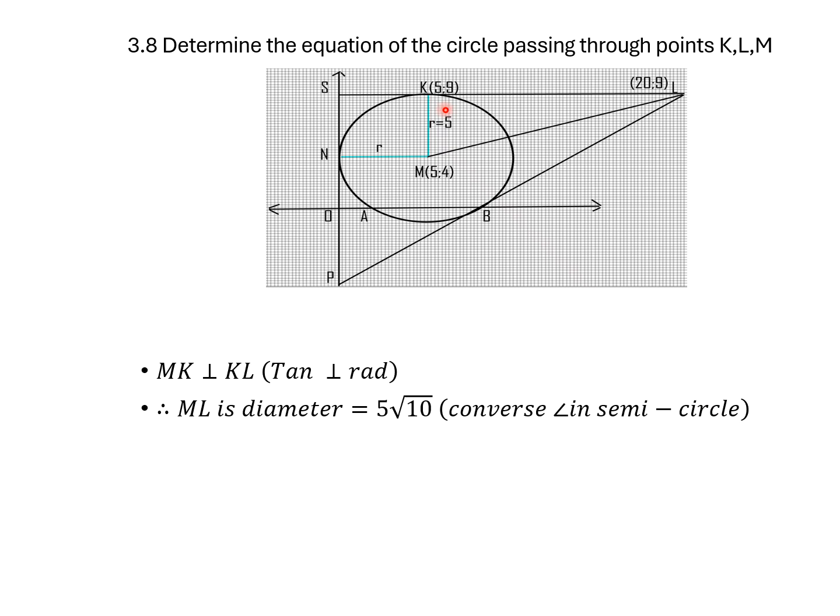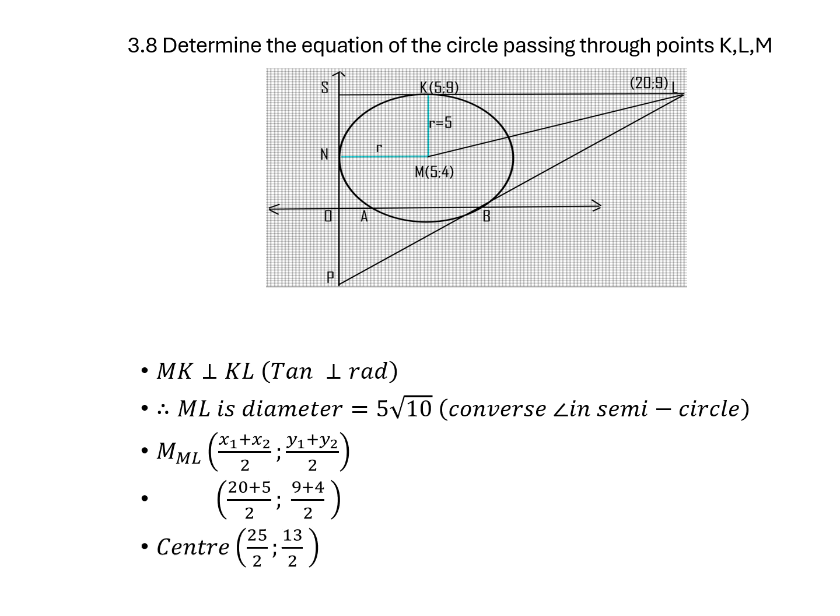So from there, we're going to find the midpoint to find the center of this new circle. x1 plus x2 over 2. So for ML, I can say (20 plus 5) divided by 2, (9 plus 4) divided by 2, which gives me 25 over 2 and 13 over 2. So that's the center of this new circle.